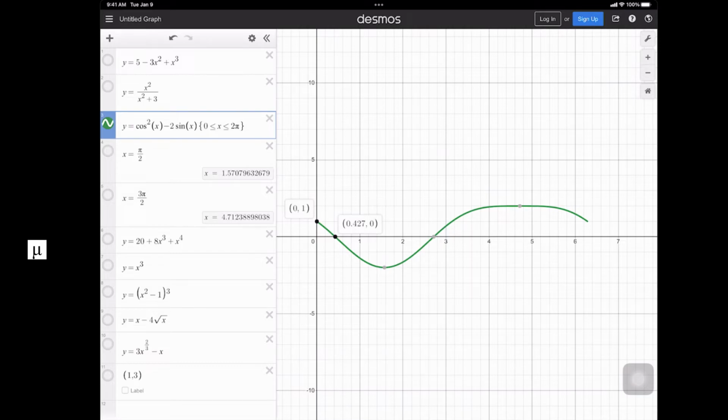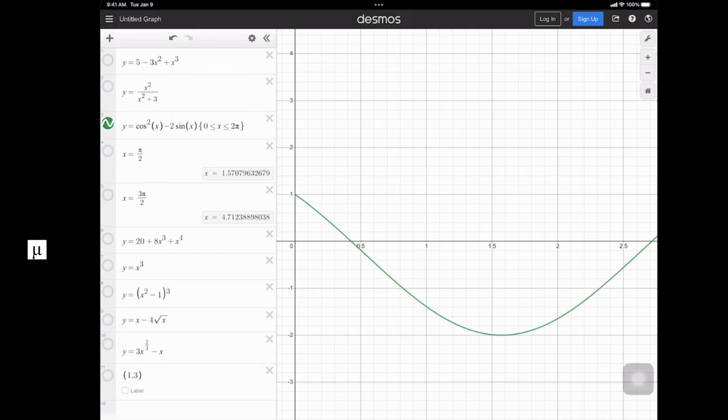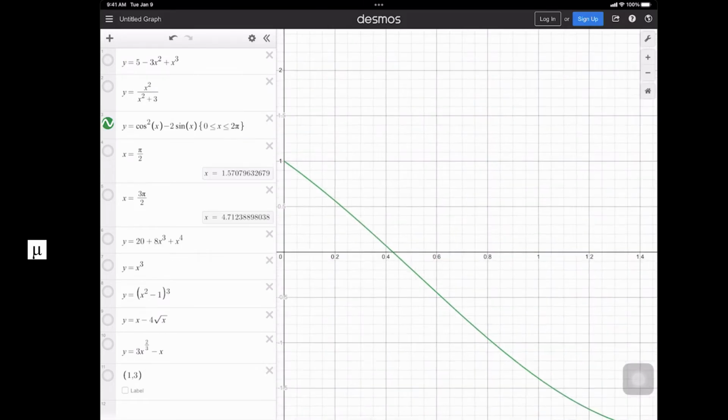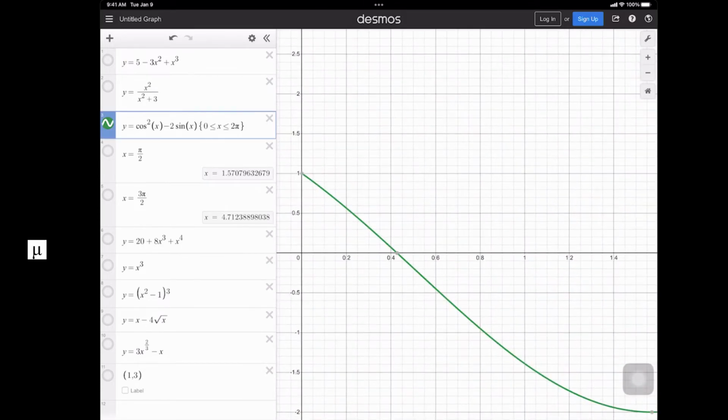Okay, so pi over 6 looks like it's something like that, concave down. If we scroll in, it doesn't look like it. I'd have to adjust the scale.